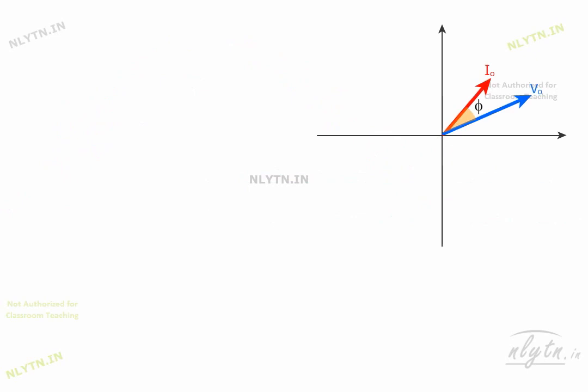If current leads voltage by a phase phi, then the amplitude vector of current is ahead of the amplitude vector of voltage by a phase phi.